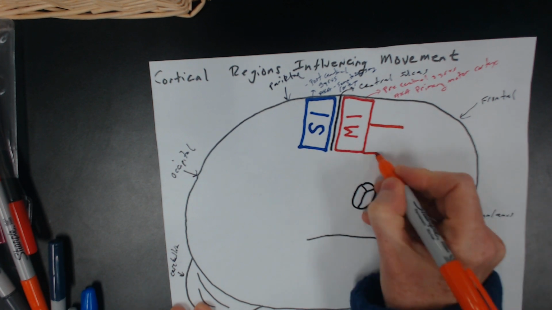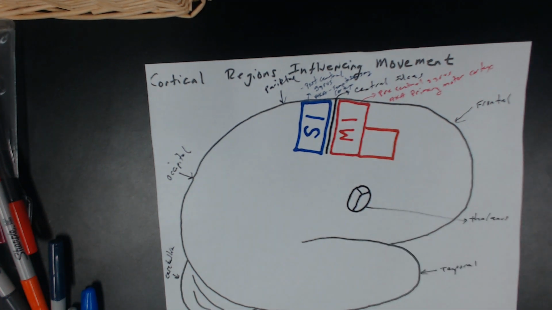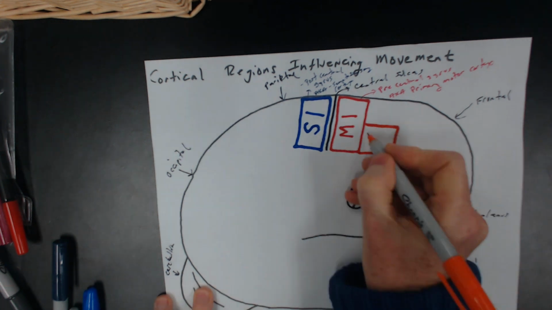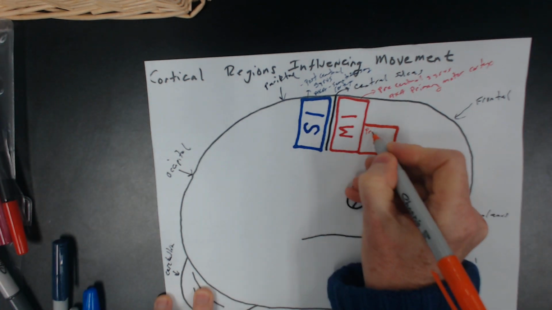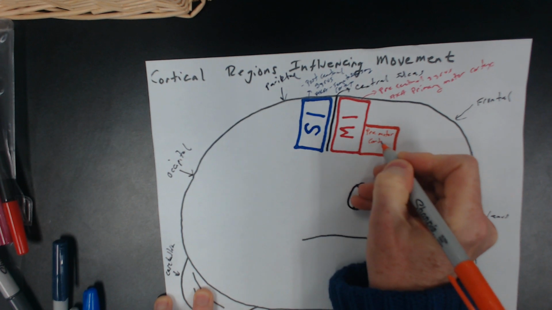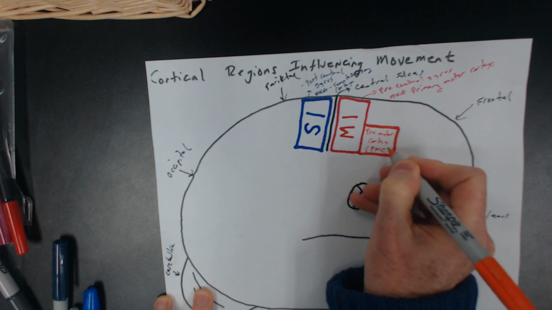You can make it whatever color as long as you're trying to keep the reds together as far as motor is concerned. Okay, this new little box that I've drawn is called your premotor cortex. And this is abbreviated PMC.